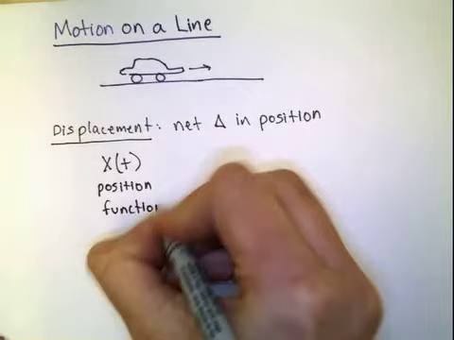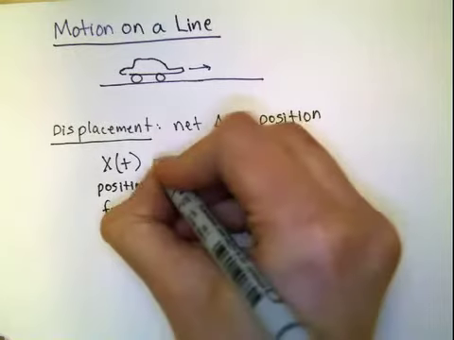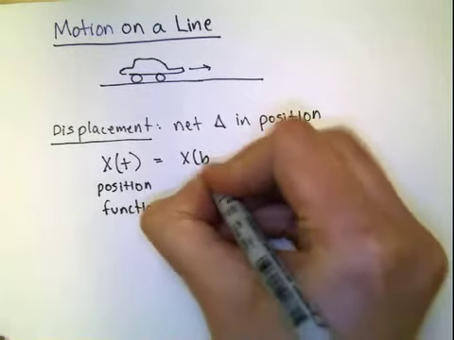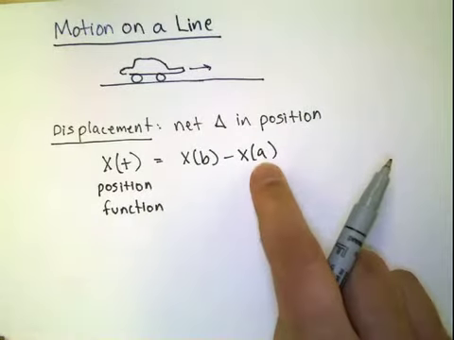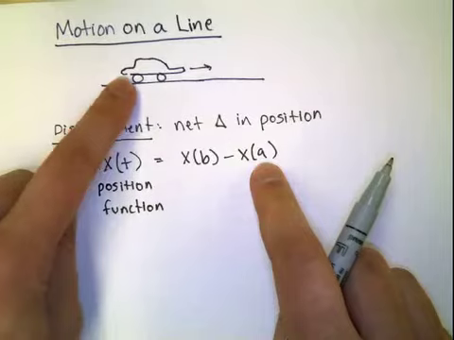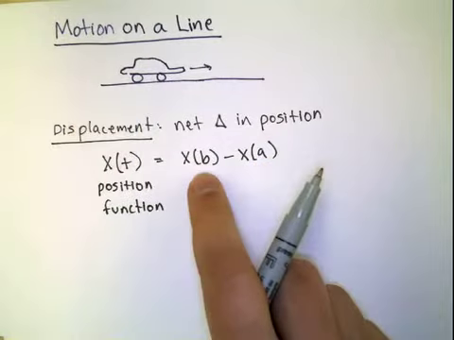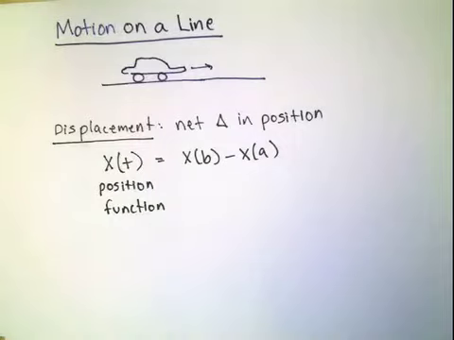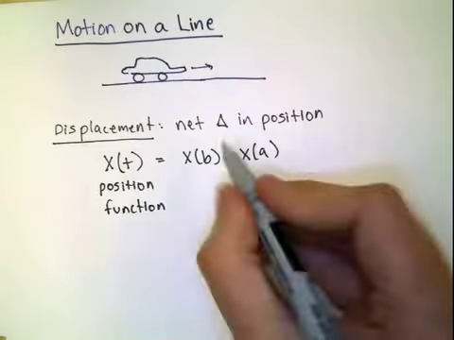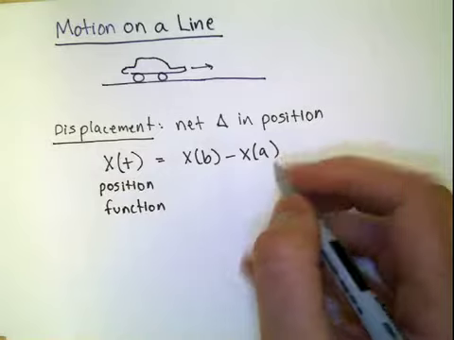But what the position function really is, it's x of b minus x of a. Where were you standing at point A, or where was your car at point A, and where was your car at point B? Subtract it and you'll know the distance that you traveled. So the position function will find the change in position if you're doing displacement.